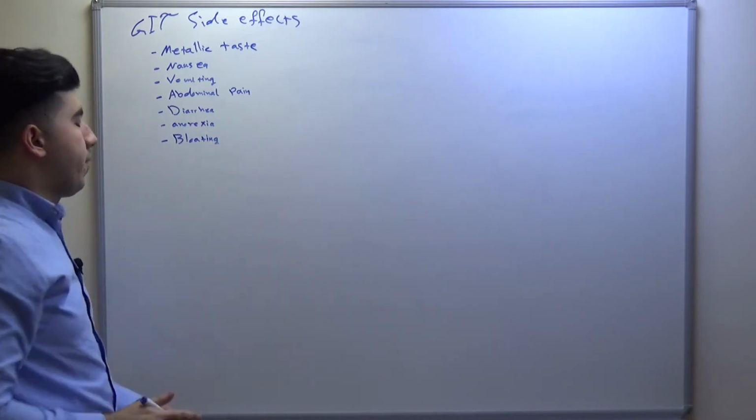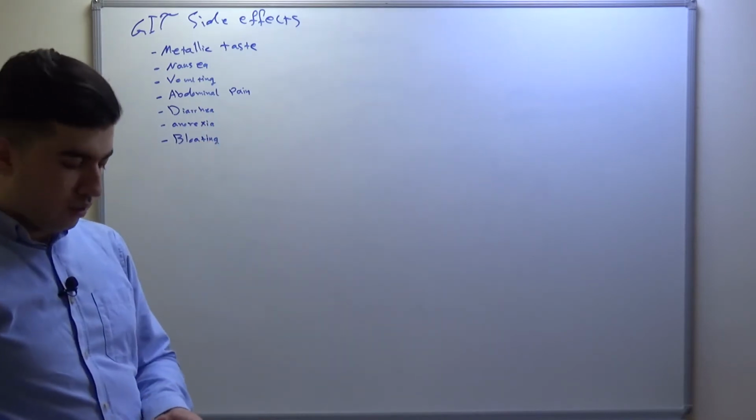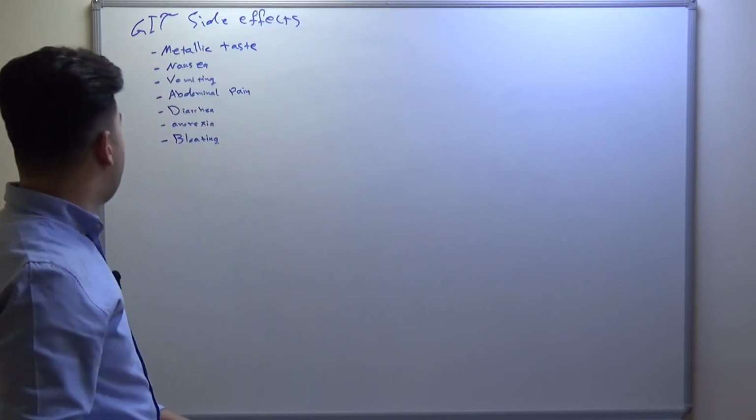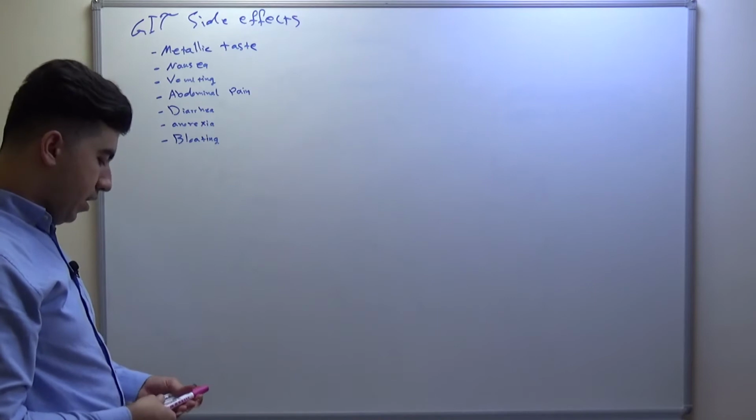Generally, these are the GI tract side effects of metformin: metallic taste, nausea, vomiting, diarrhea, anorexia, and also abdominal pain with bloating.